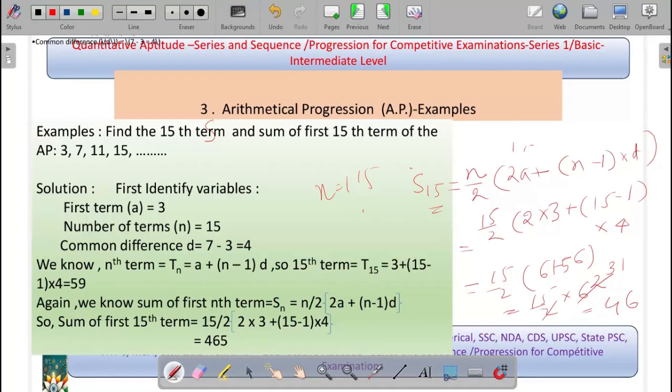This will be 465. This will be the answer.